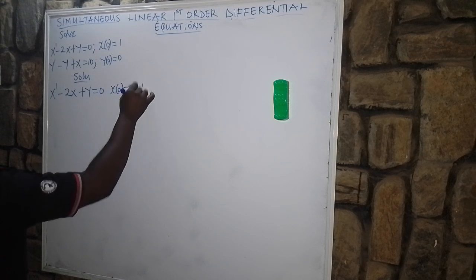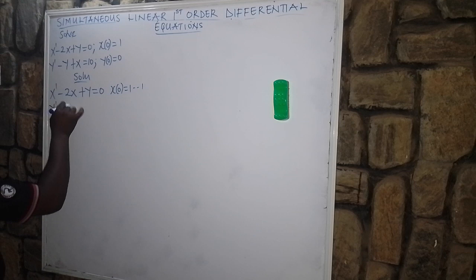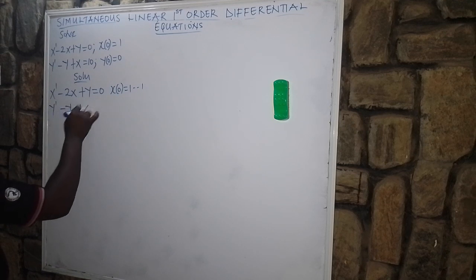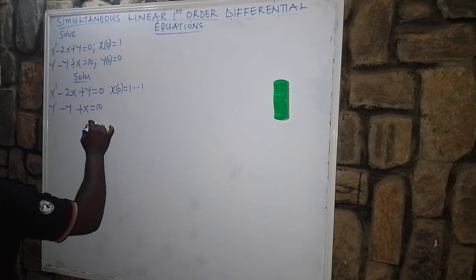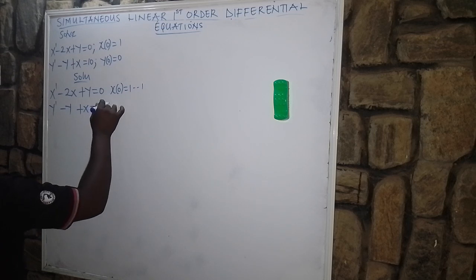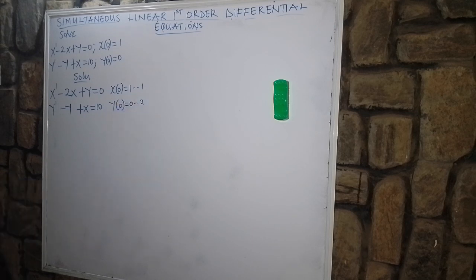We name this equation 1. Then y prime minus y plus x equals 10, with y of 0 equals 0. This is equation 2.